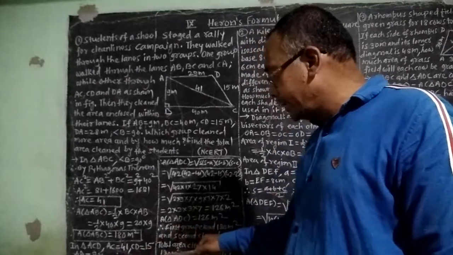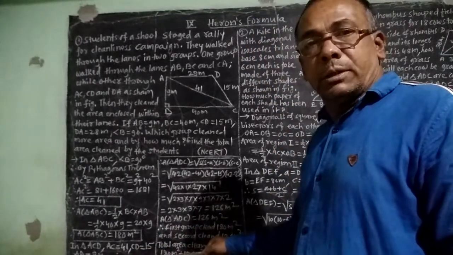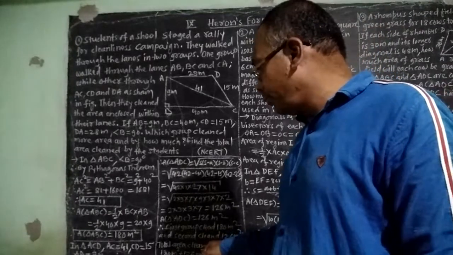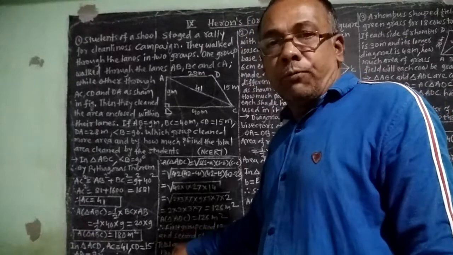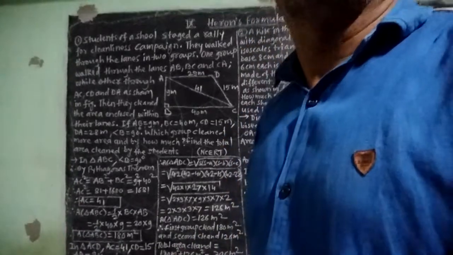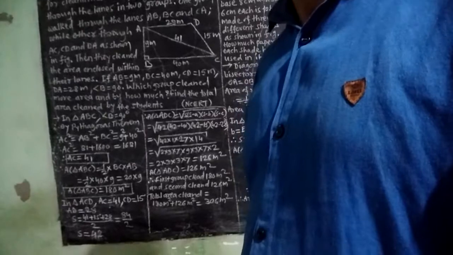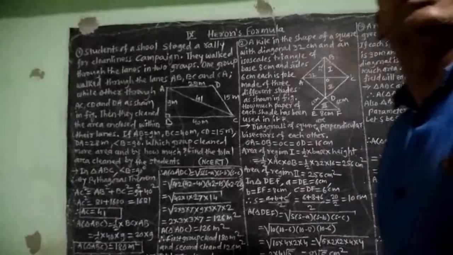The sum in the numerator is 84, divided by 2 means 42. So semi-perimeter S is equal to 42 meter.